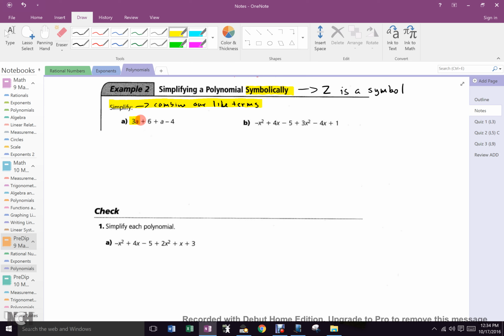Are there? Yes. Now here's where it gets complex, but it isn't really. That symbol right there means 2 things. What does it mean? Addition and positive. This lack of symbol in front of here means what? Positive. So these both mean positive.